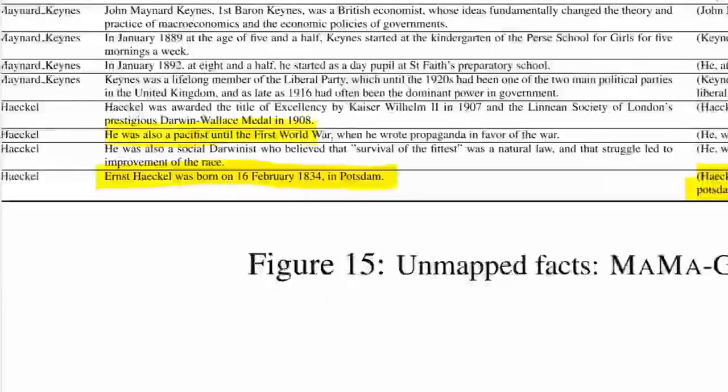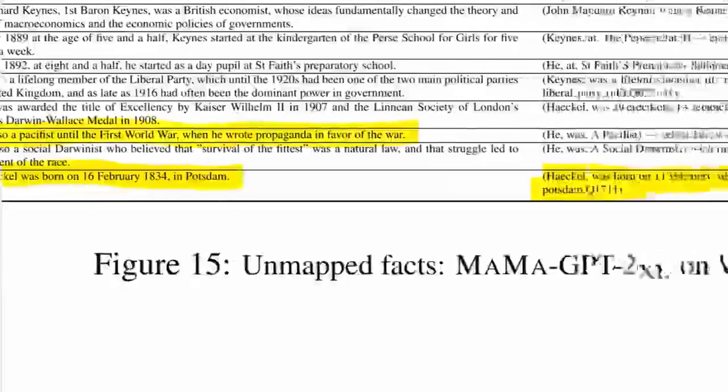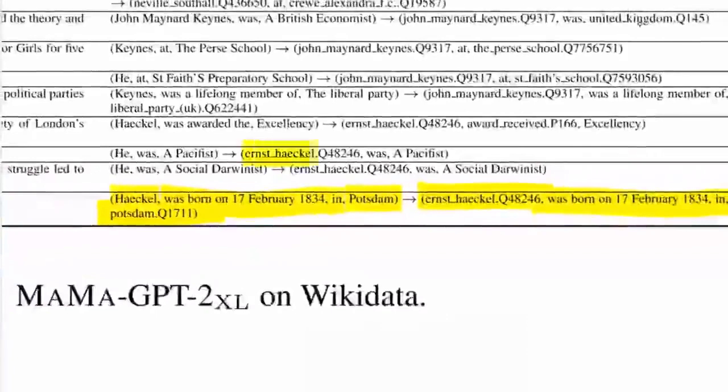Then, he was also a pacifist until the First World War, yada, yada. And then Ernst Haeckel, and then 'was' and 'a pacifist' are both not in the schema. Now, maybe pacifism isn't in the schema, though I would guess pacifism has a Wikipedia page, so it must be in the schema because it's Wikidata.